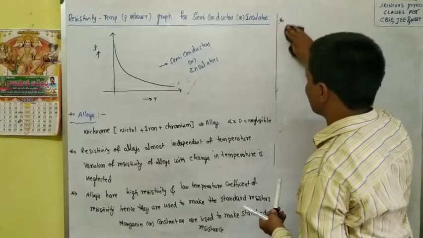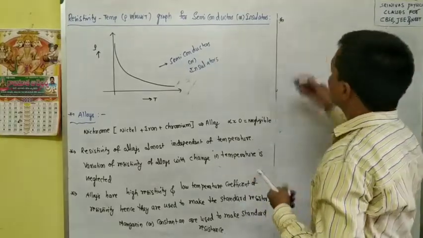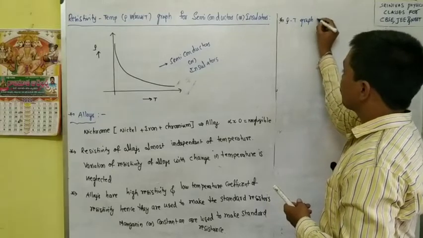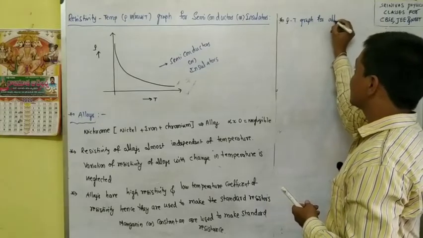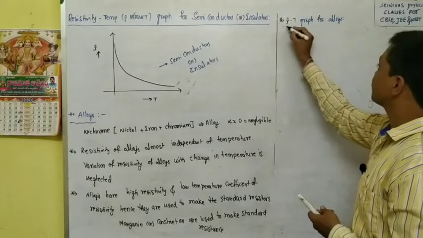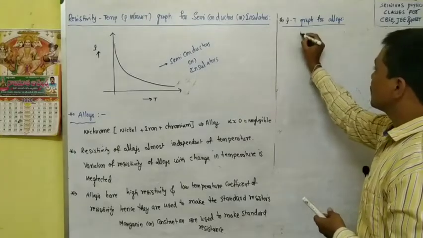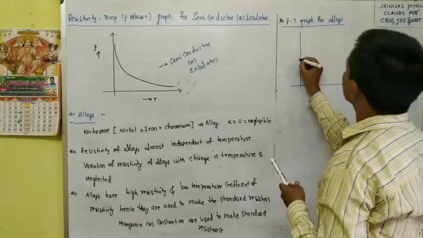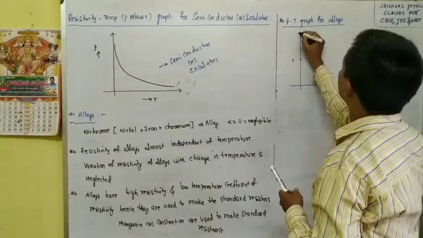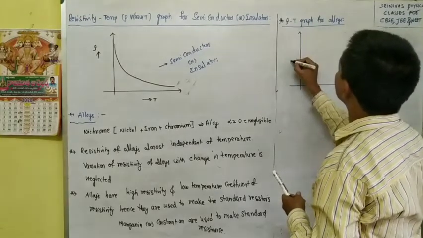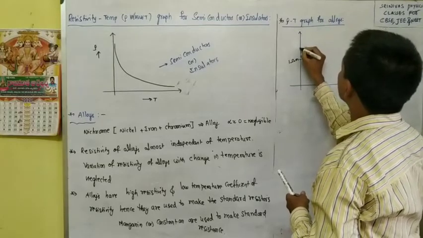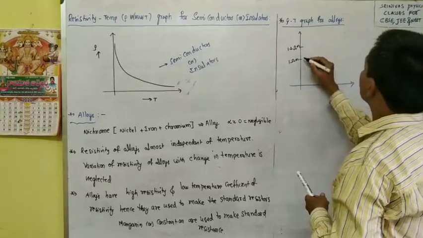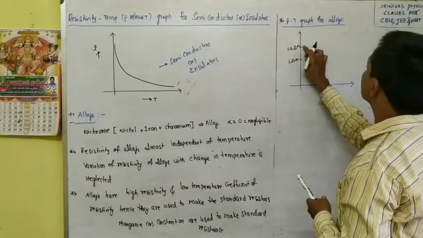Resistivity temperature graph for alloys. Okay. And now the graph we will get like this. For example, this is 1 ohm meter and this is 1.2 ohm meter. The graph we will get like this.